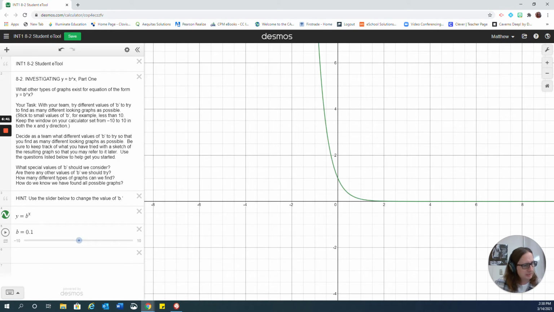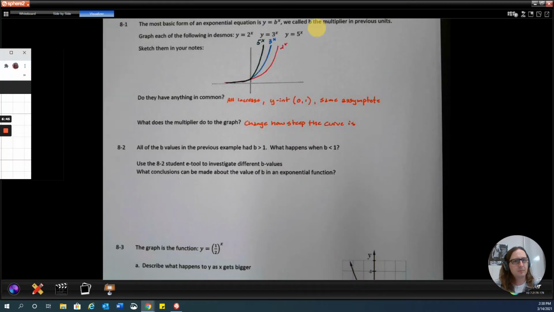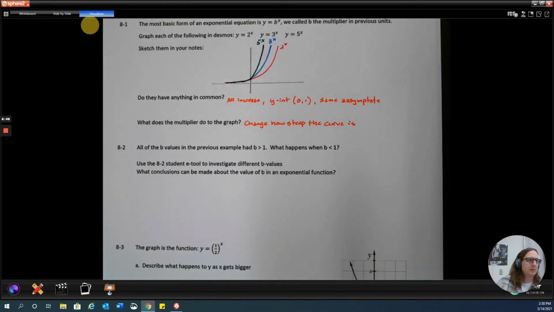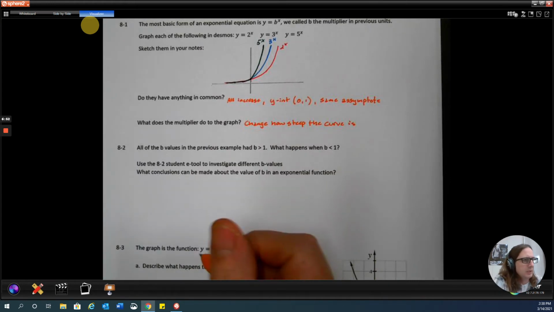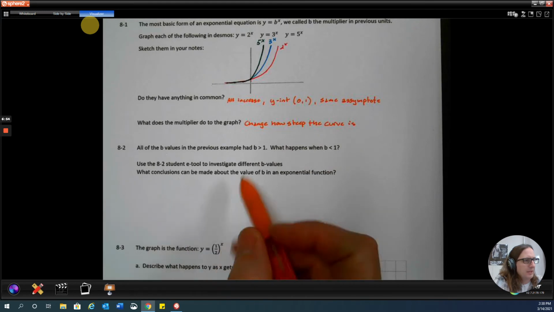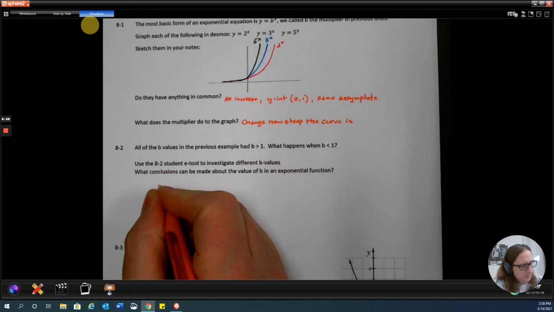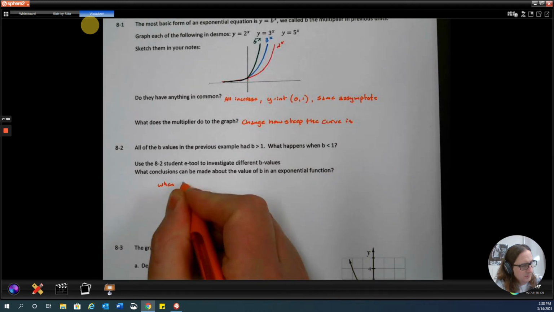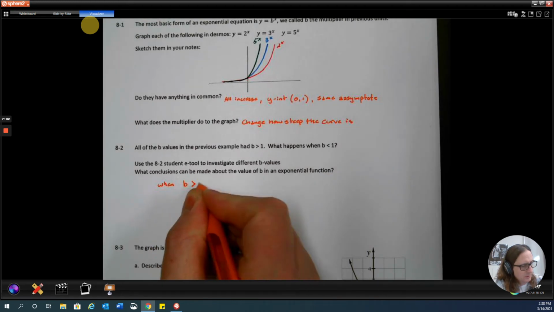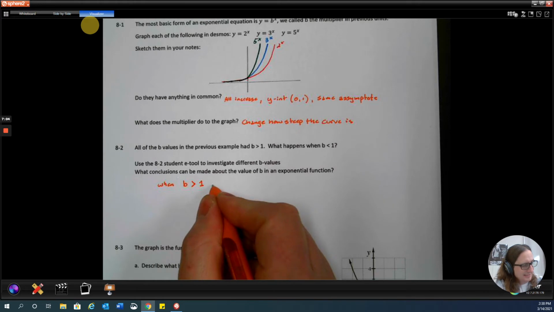Okay, so let's write down what we found out about that. We learned that when the b value was greater than 1, it was an increasing function.